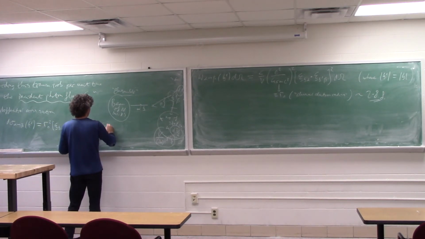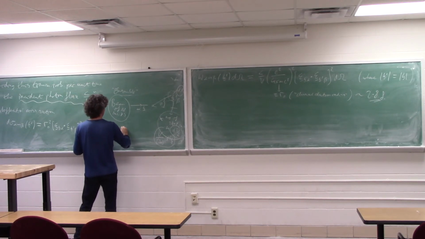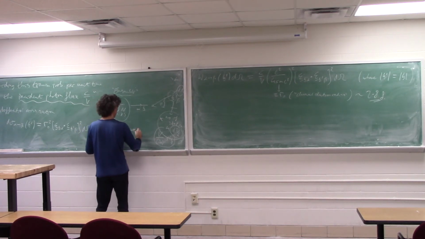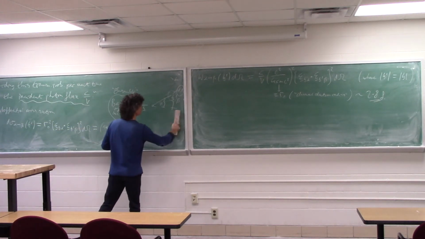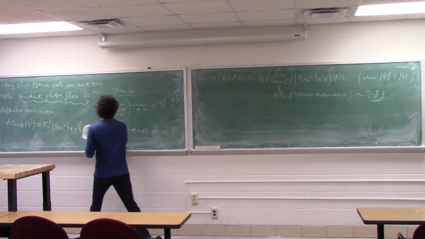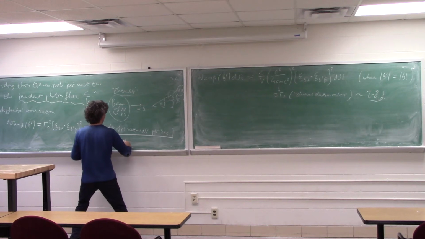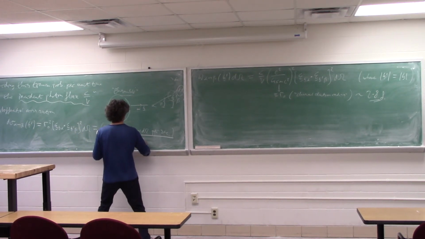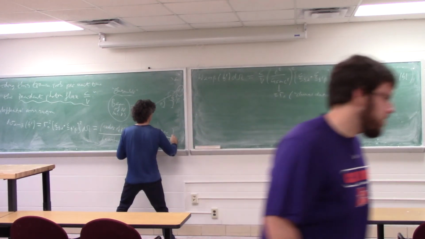This is the number of photons that are scattered into d omega per second, divided by the number of photons incident per square centimeter per second.